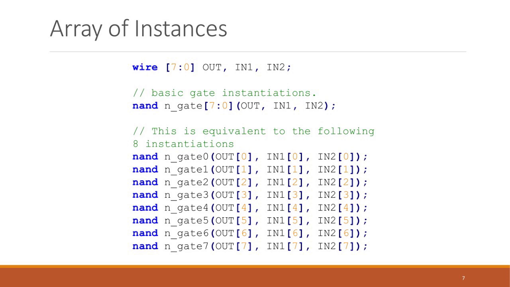We want to connect the 0th bit of in1 and the 0th bit of in2 as inputs to the 0th NAND gate, and then connect the 0th bit of out as the output of the 0th NAND gate.